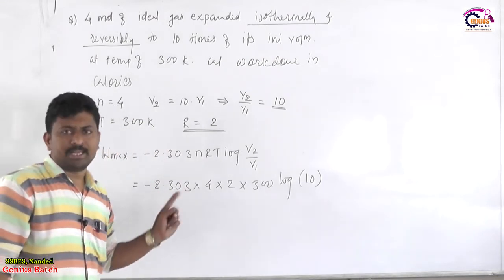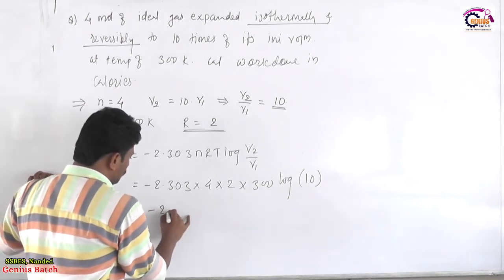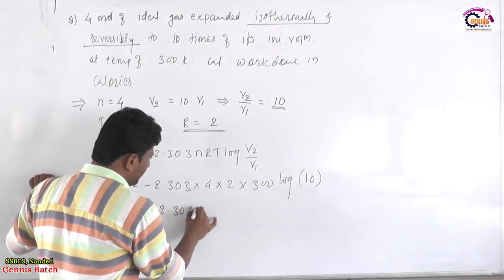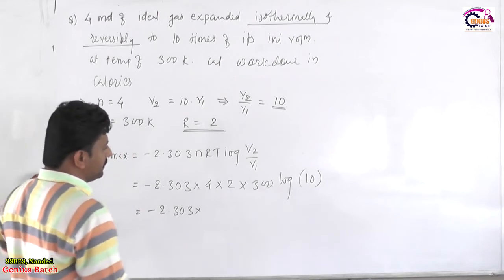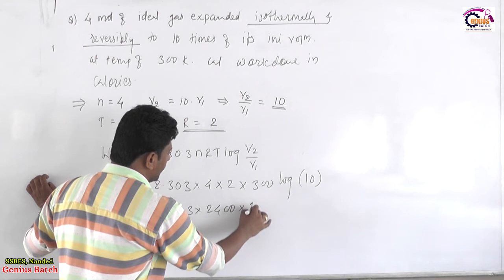Now log of 10 is 1. We would solve the rest of the values. 2.303 into 4 into 2, 8, 8 into 3, 24, 2400 into 1.